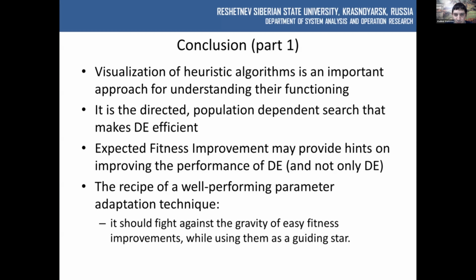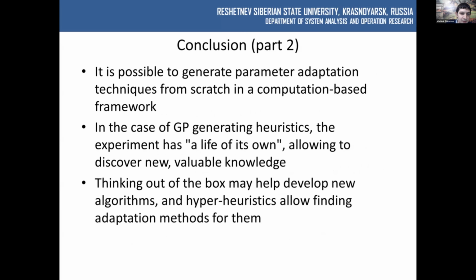So the recipe for a parameter adaptation technique is, well, you should maybe not follow the immediate rewards, but look into the future, what will be good for the search in several generations. And also, yes, you can create new parameter adaptation techniques, but it is a computationally hard problem.